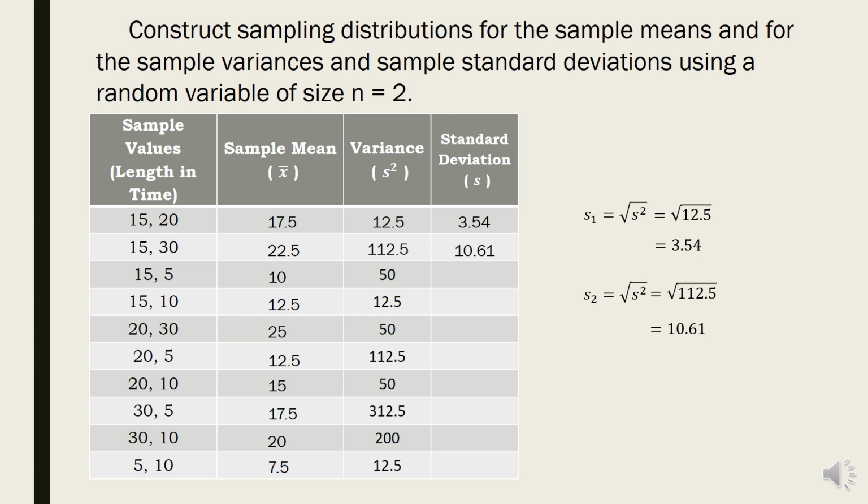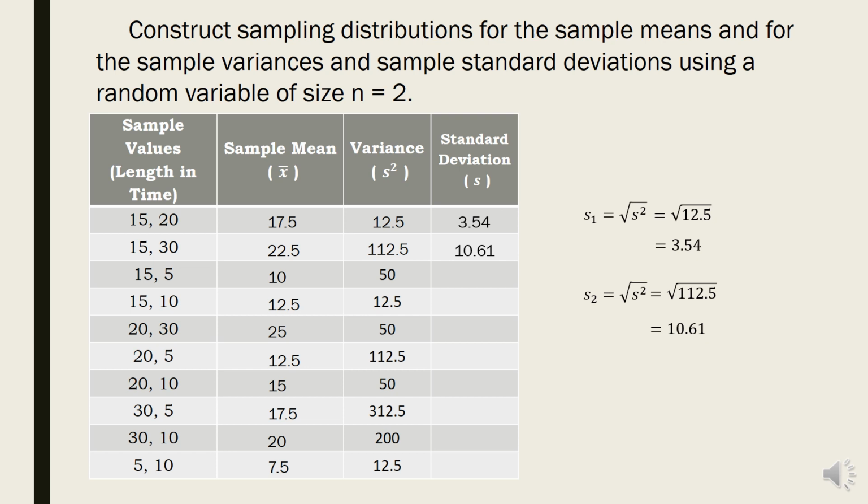Now, you can do the third to the last. Pause this video, then try to complete the standard deviation of the sample values from the third set to the last set.